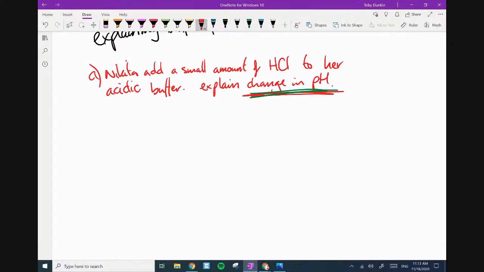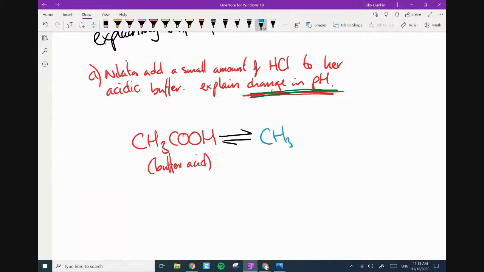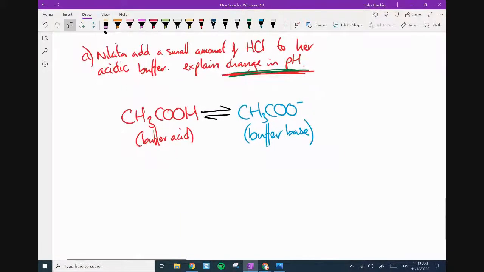I'm going to color code this now, guys. We've got ethanoic acid in the beaker, and that is our buffer acid. We've also got in the beaker its conjugate base, CH3COO minus. This is our buffer base. So what's going to happen now that she's added her HCl? Number one, the HCl is a source of H plus.